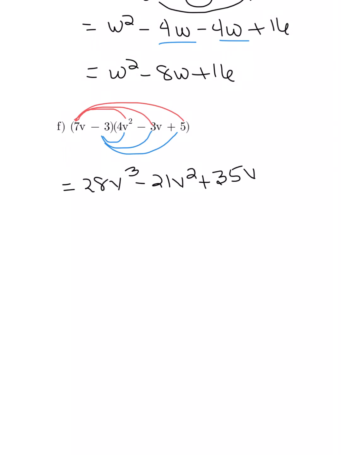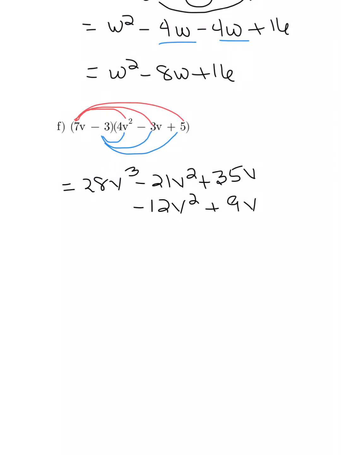35v. Now I'm going to start working on the negative 3 times everything. And to help me out a little bit, I'm going to line up the like terms underneath each other so that when we're adding, it'll be easier to see them. Negative 3 times 4v squared is negative 12v squared. Negative 3 times negative 3v gives me positive 9v.